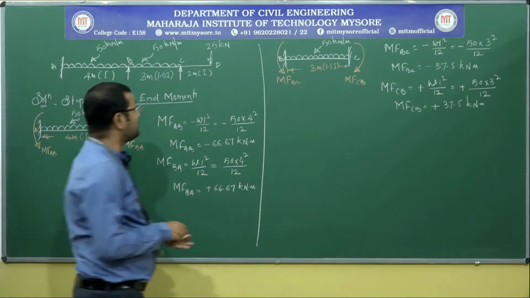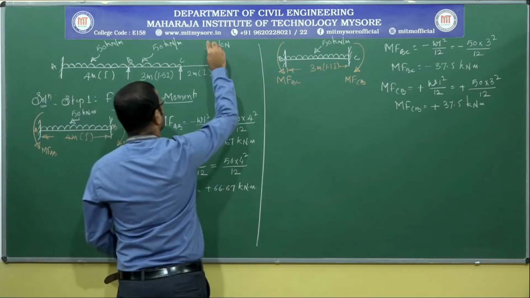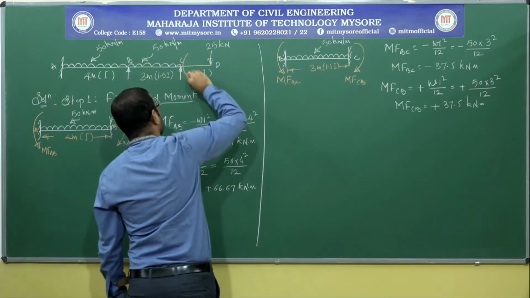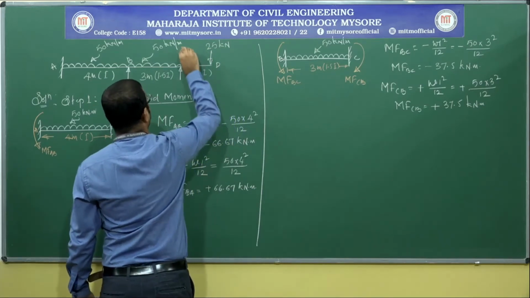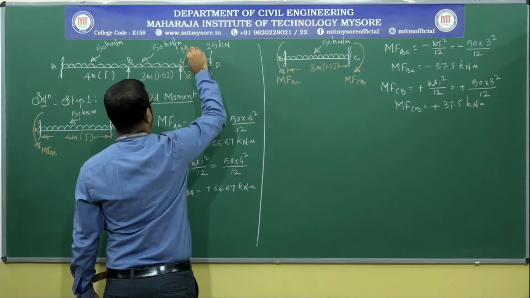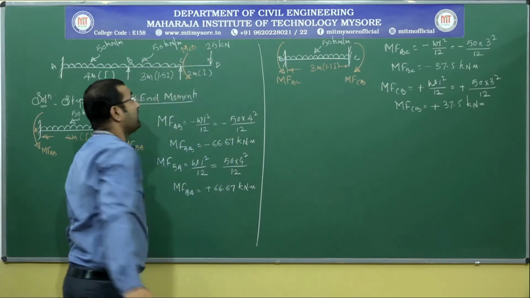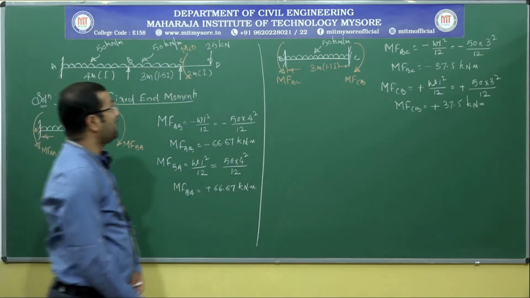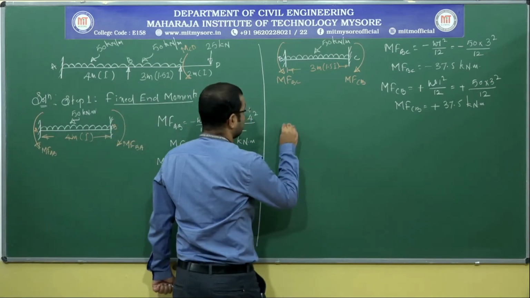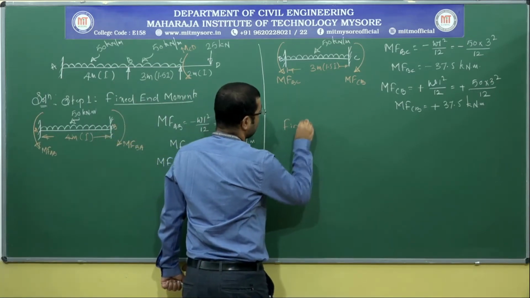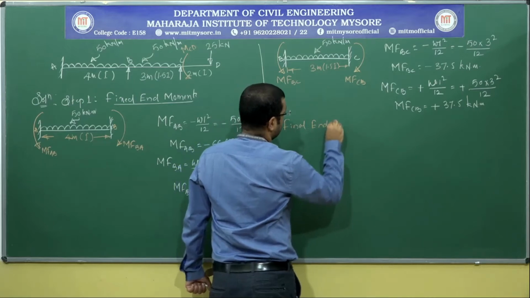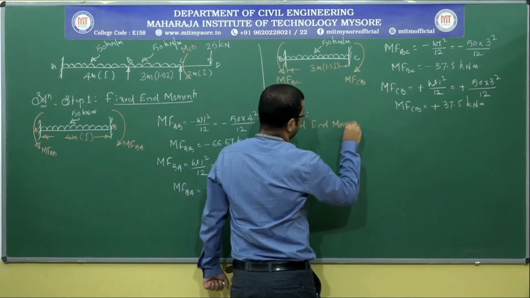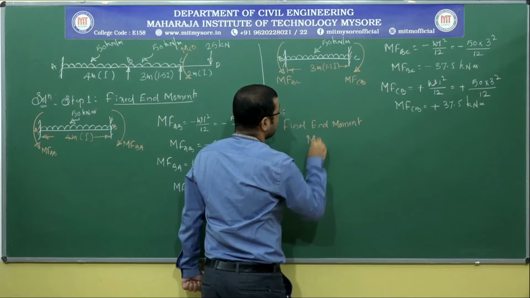So, because of this overhanging or because of this load, there will be a generation of final end moment, that is MCD. It is not the fixed end moment, it is the final end moment. So, we will directly get the final end moment MCD.